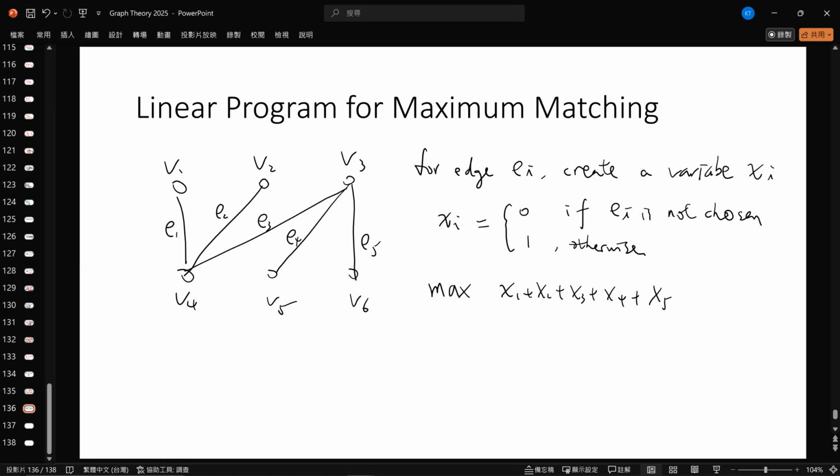So this says if we just consider V4, then x1 plus x2 plus x3 should be at most 1. But actually not just V4, we have to consider every vertex. So for every vertex, we can choose at most 1 of its incident edges. So the corresponding constraints for this particular instance will be, we'll first start with V1.